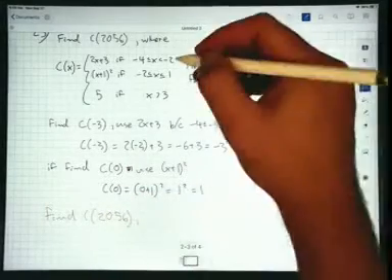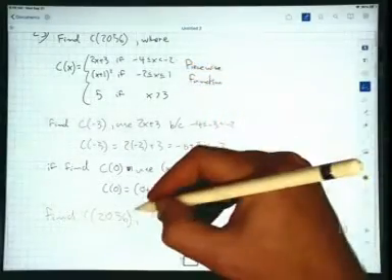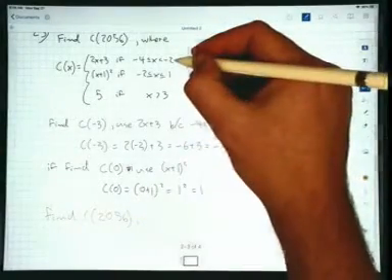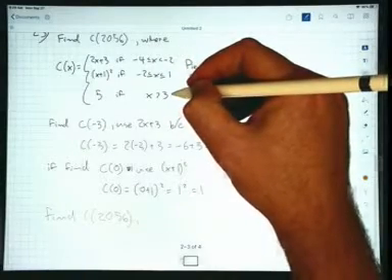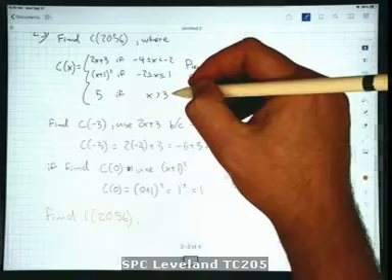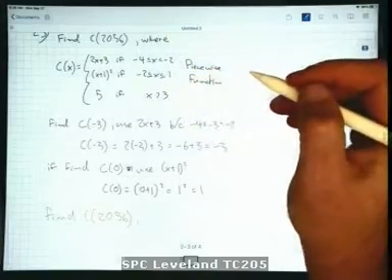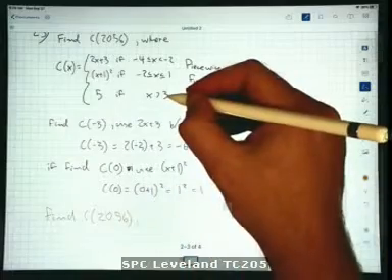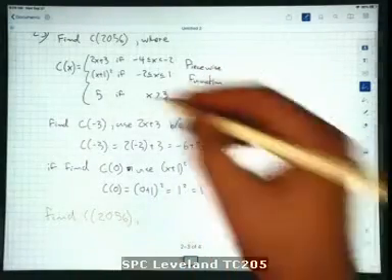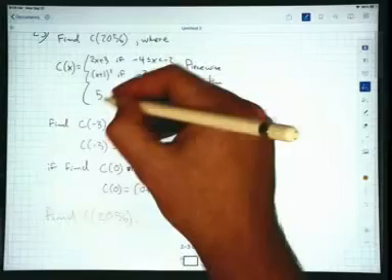Well, again, what interval does 2056 belong to? Interval 1, interval 2, or interval 3? 3. Why? Because 2056 is greater than 3.